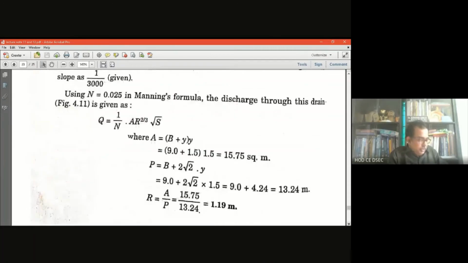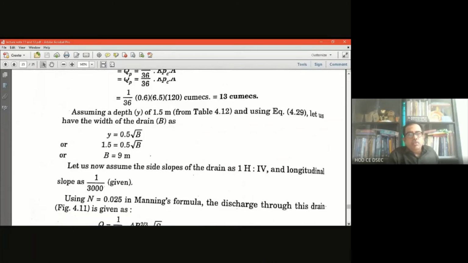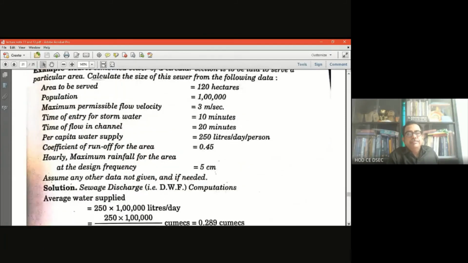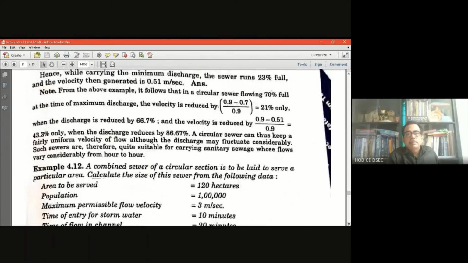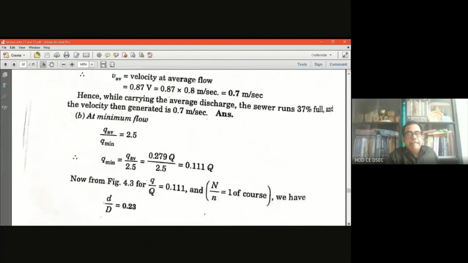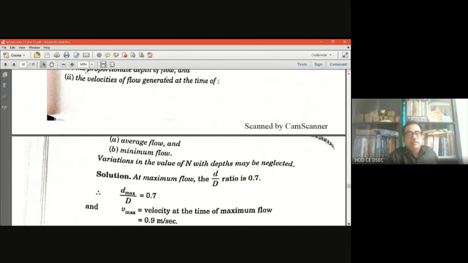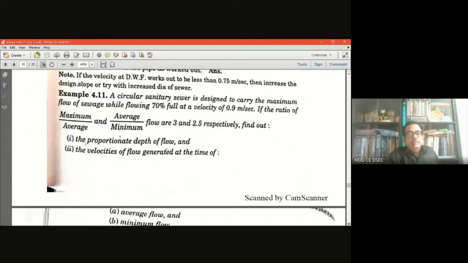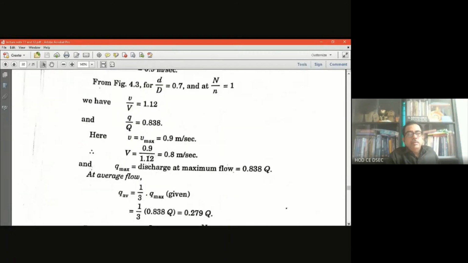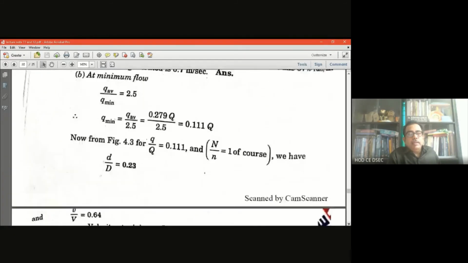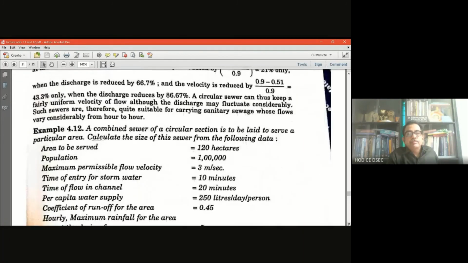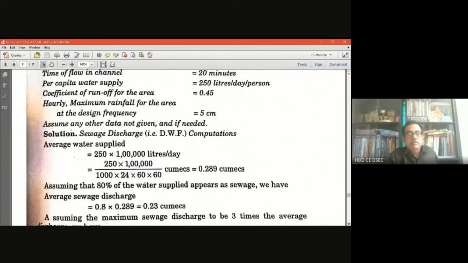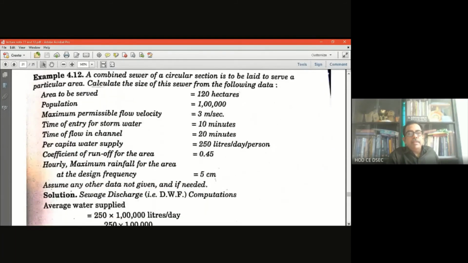Open drain channel, some different problems I have shown. Now I am showing you another problem, a different type of problem, and I think a very important problem from your exam point of view.